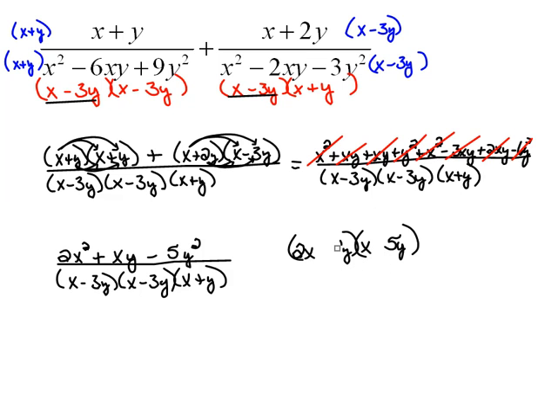So maybe we have these incorrect in here. What if I switch them around? What if I have 5y and 1y? Now we have 2xy and 5xy, which are still not going to come together to give us a plain positive xy in the center. This numerator will not factor any.